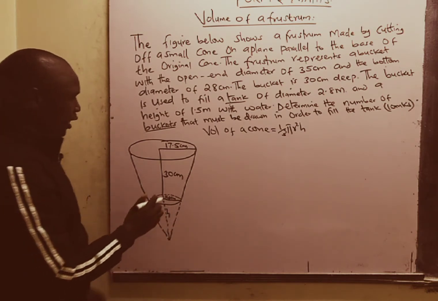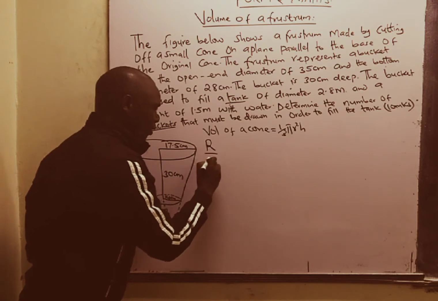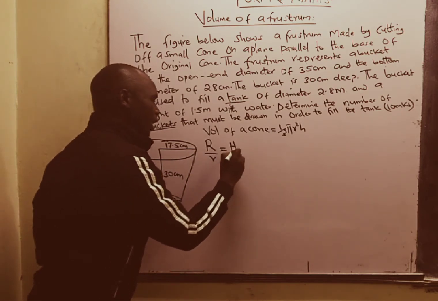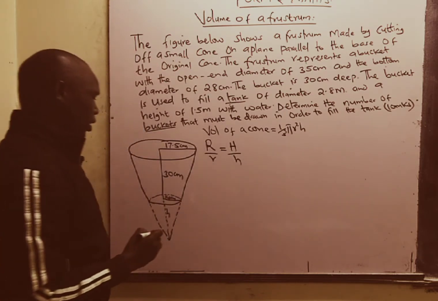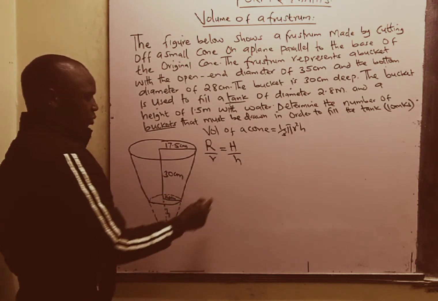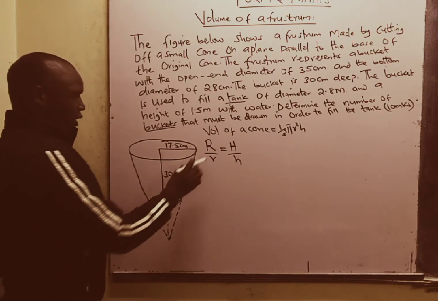Using similarity and enlargement, the bigger radius over the smaller radius must give us the bigger H over the small h. Capital H is the height of the original cone, and the small h is the height of the smaller cone.